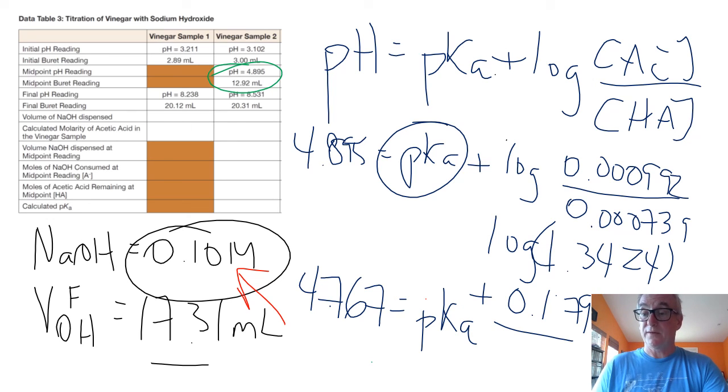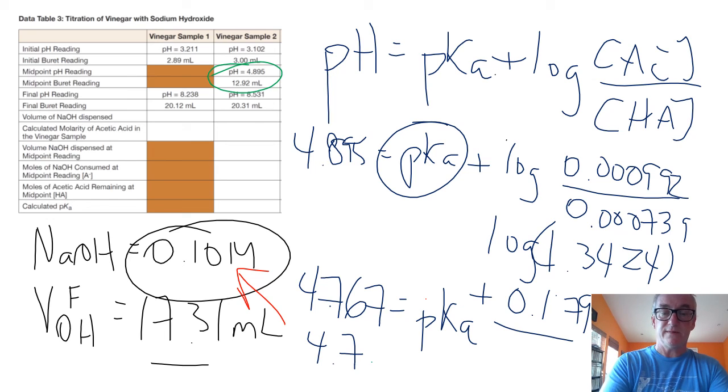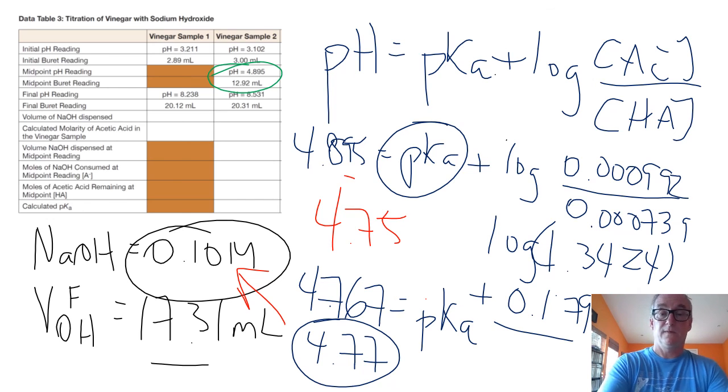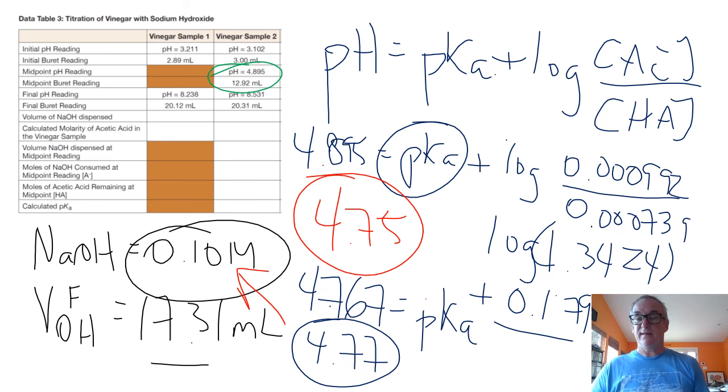We round it to three digits, and we get 4.77. That's the pKa of acetic acid. What's the actual pKa of acetic acid? You should remember, the actual pKa is 4.75. So you can see we're really close. You should get something fairly close to that.